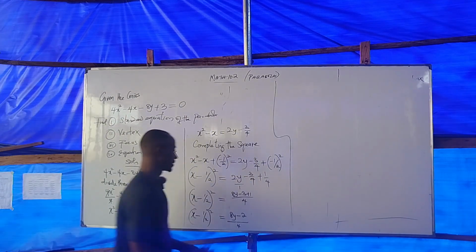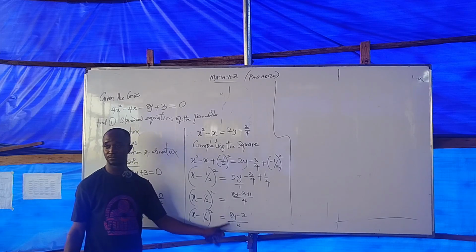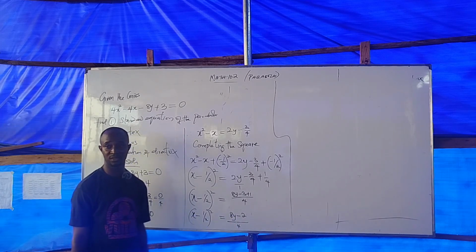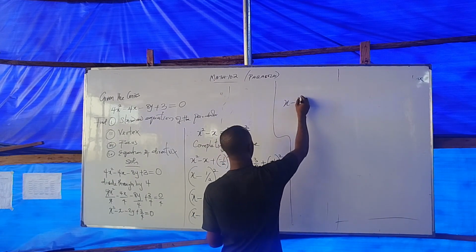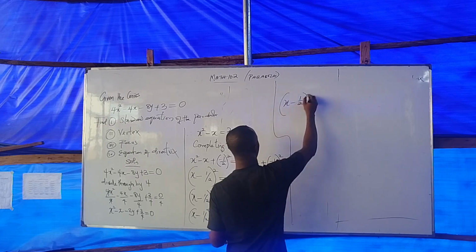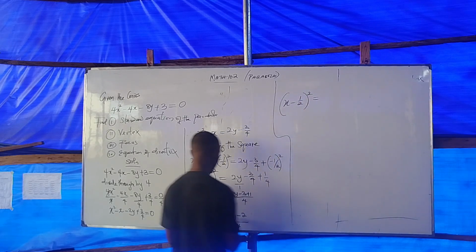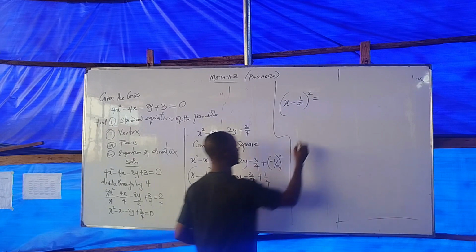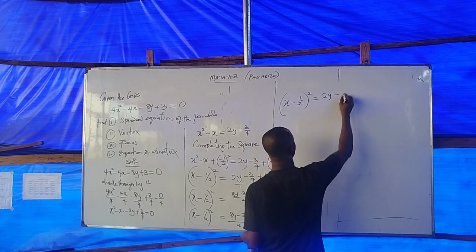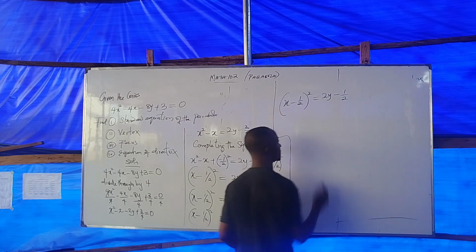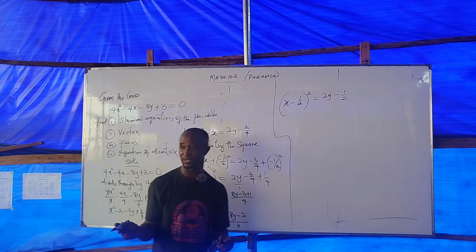Now we divide: 8y over 4 is 2y, so we have x minus 1 over 2 all squared equals 2y minus 1 over 2. Now listen, we are not done yet.